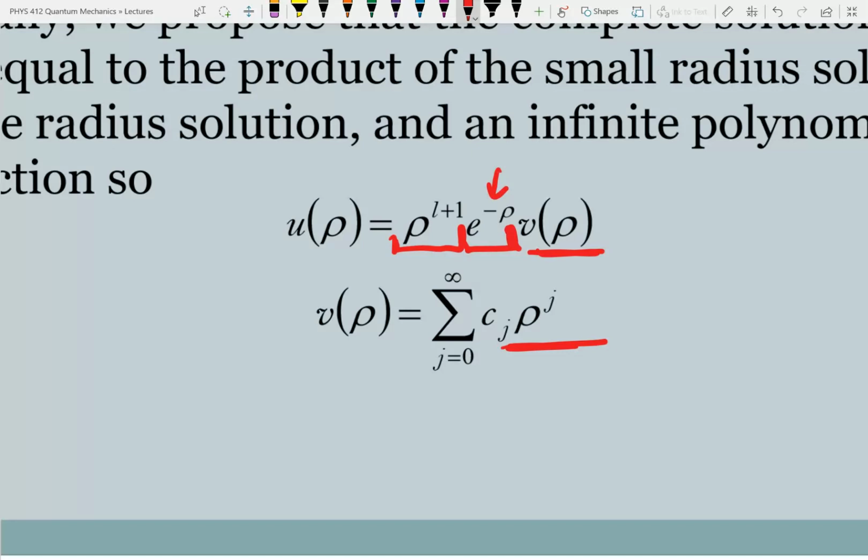Footnote 14 asks why I don't drop the 1 in j plus 1. After all, I'm ignoring 2 times l plus 1, saying that's approximately 0, but not 1. And he says it's because it makes it easier. But what he's doing is showing a mathematical proof that in the large radius limit, this is going to be proportional to e to the 2 rho.